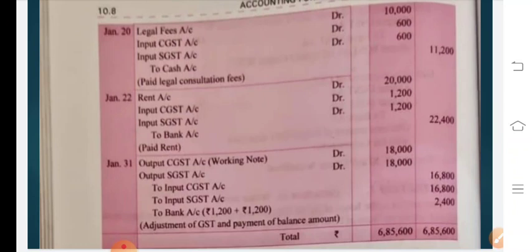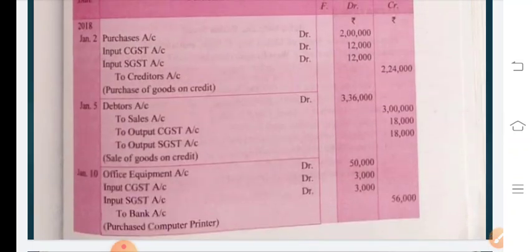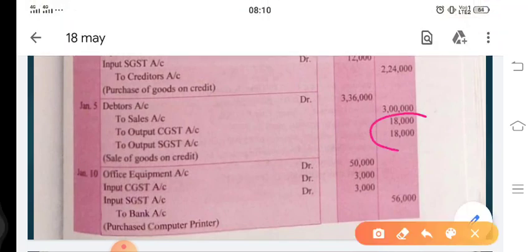Only in the second part we have output, in the rest all the cases we had only input. So output CGST and output SGST both amount to rupees 18,000 and 18,000.